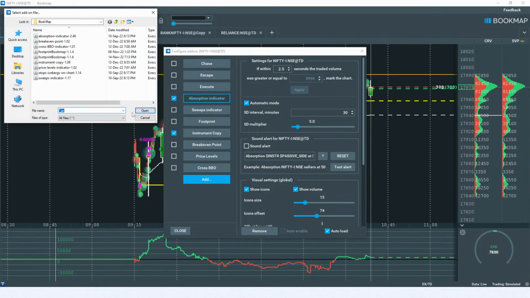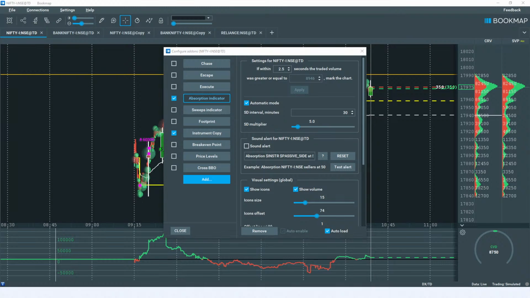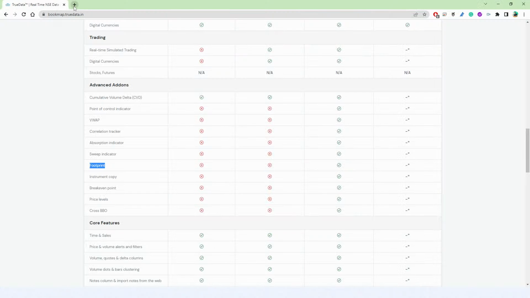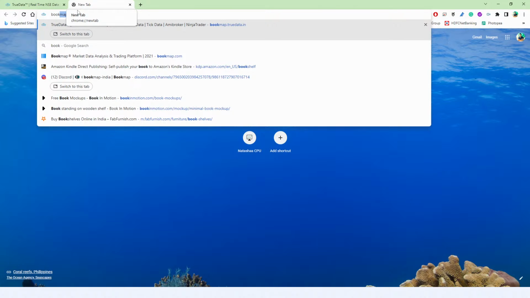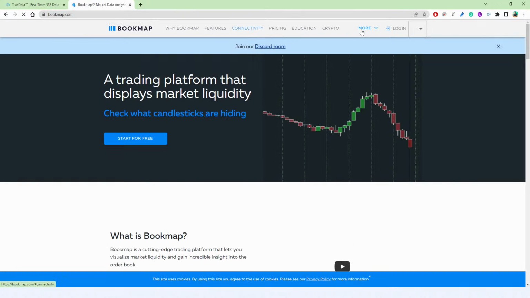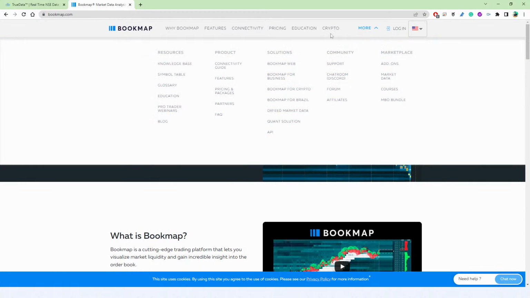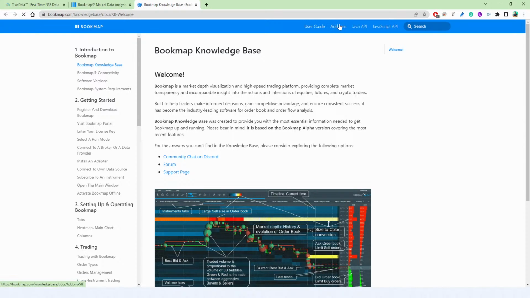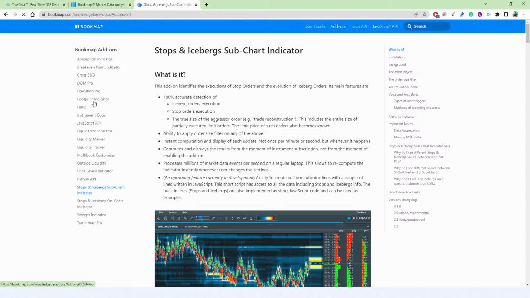These are the downloaded files where you can download the files. If you visit bookmap.com, sorry, here we have a knowledge base, and in this go to the add-ons. Here we have all the advanced indicators. For example, the absorption indicator.